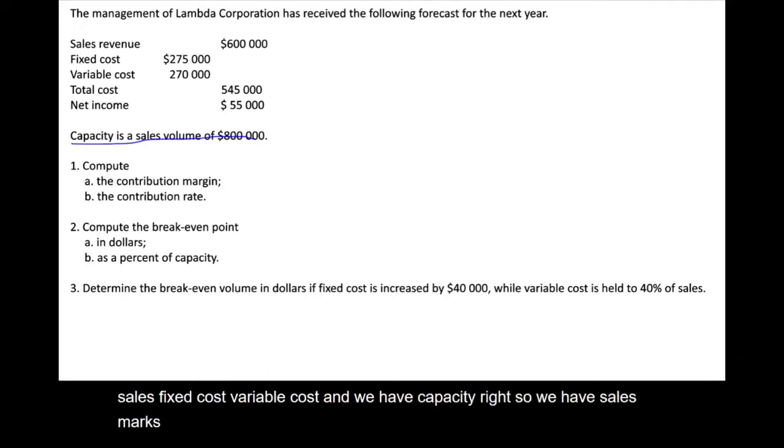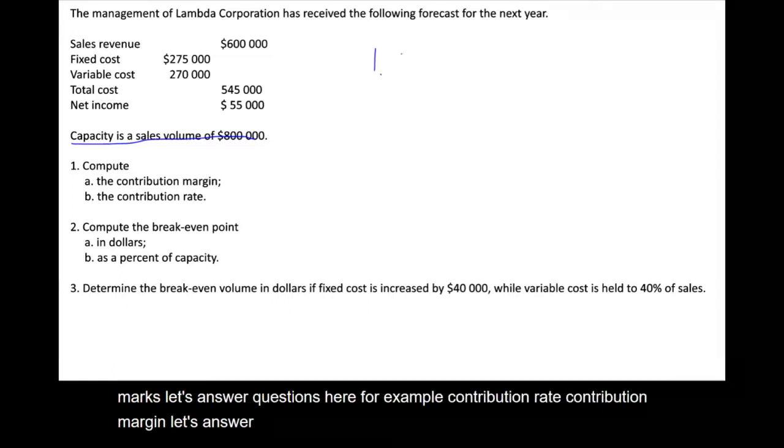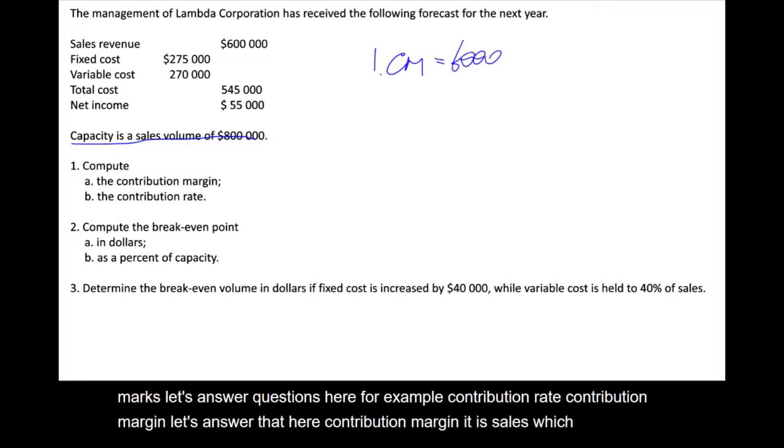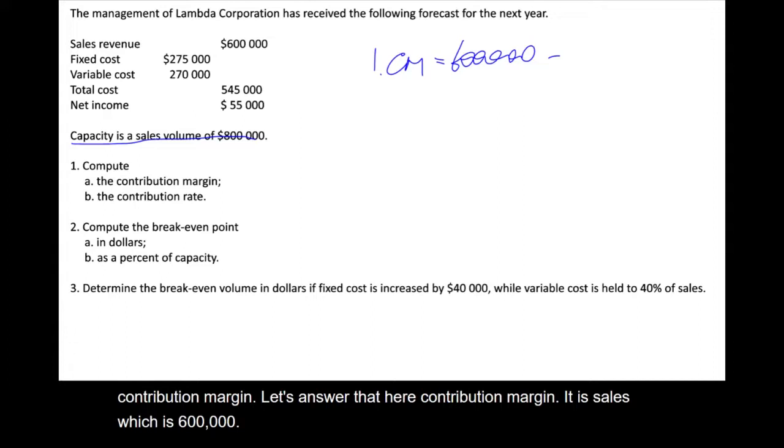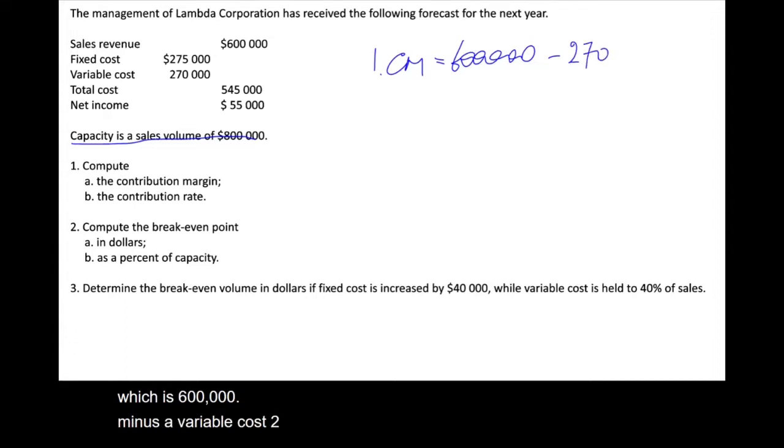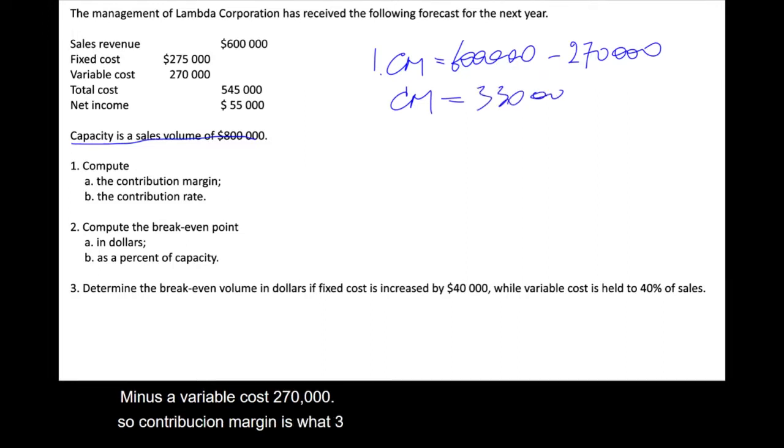Let's answer questions here. For example, contribution rate, contribution margin. Contribution margin is sales, which is 600,000, minus a variable cost of 270,000. So contribution margin is what? 330,000, right, guys?